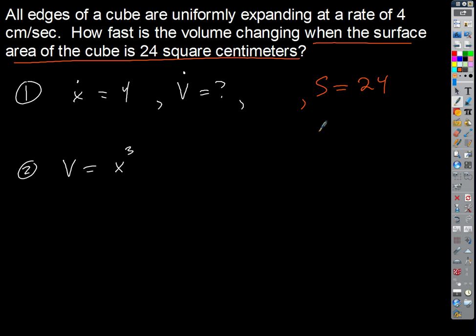So S equals 6X squared equals 24, so we can just solve for X. If I divide by 6, X squared equals 4, so we're going to take the positive result. You obviously can't have a negative dimension for a cube. So X equals 2, we can add that up here.